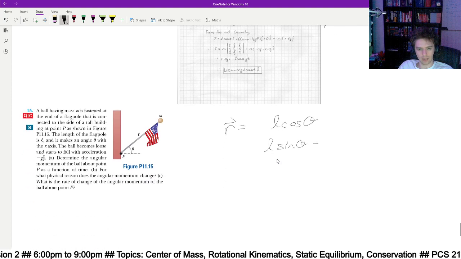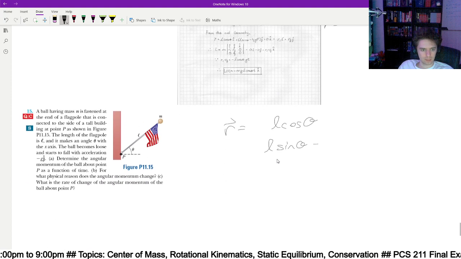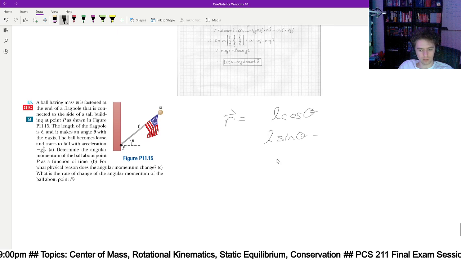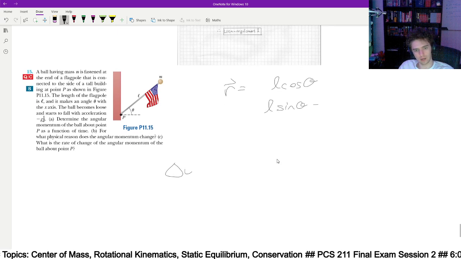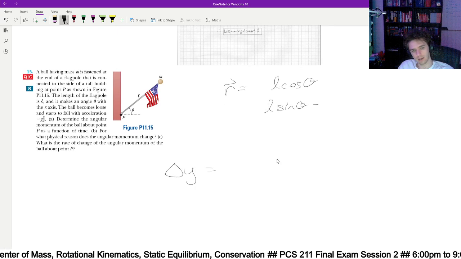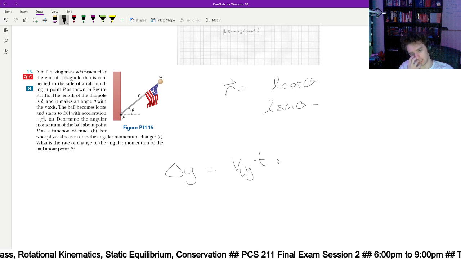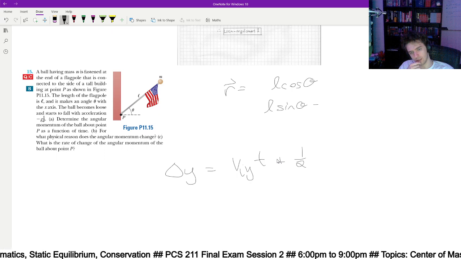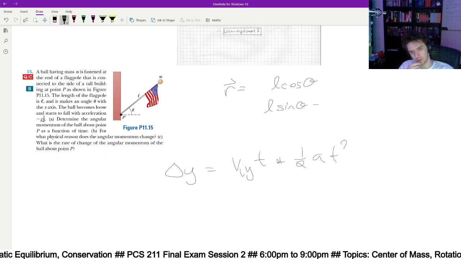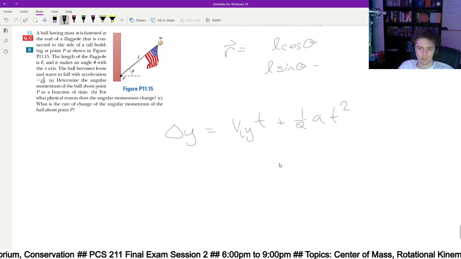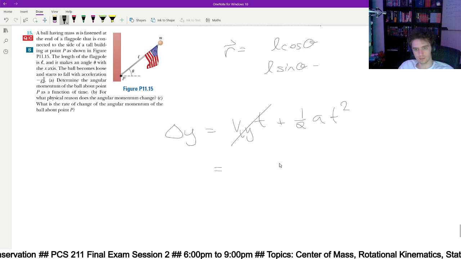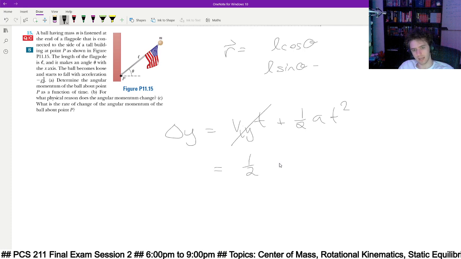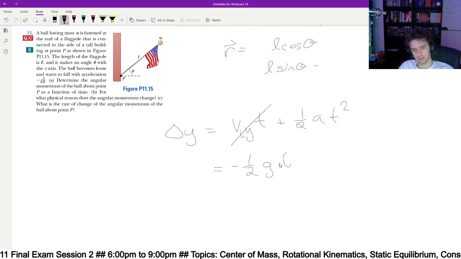So if we use our normal kinematic equation, delta y equals V_iy t plus 1/2 a t squared. V_iy is 0, so it's just 1/2 a, where a is negative g, t squared.